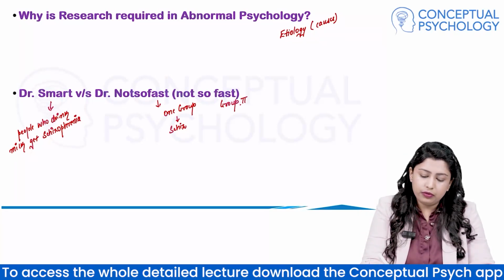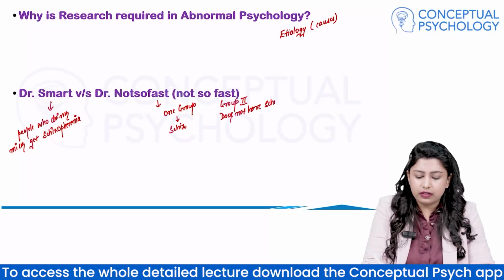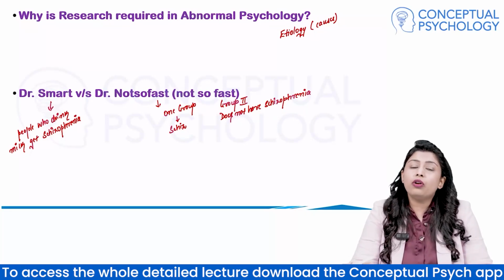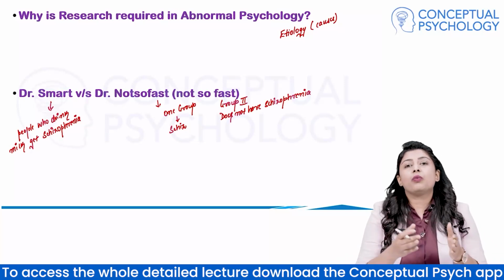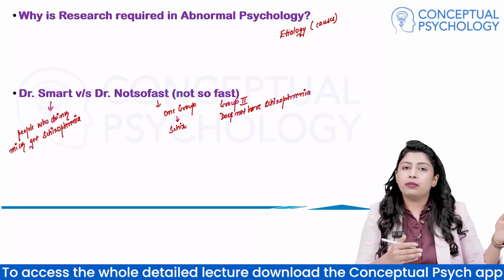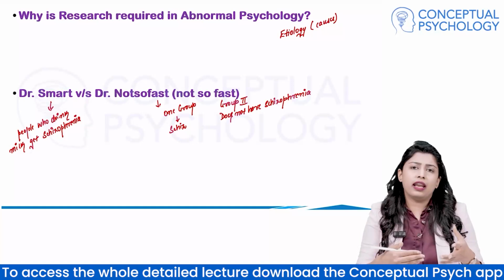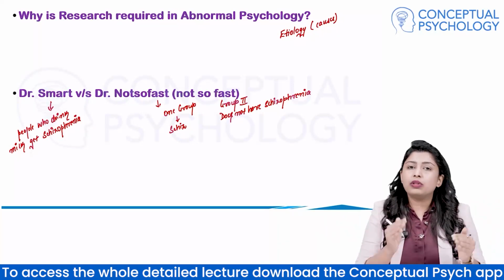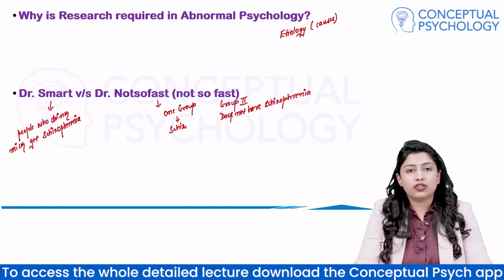Here, group 2 does not have schizophrenia. Here, Dr. Not So Fast asks all of them about their milk drinking habits. He finds that everyone has drunk milk at some point in his or her life, and that there are no differences between the two groups with respect to their milk drinking histories.